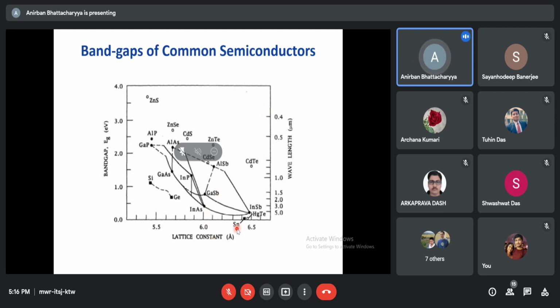So, can you see the arsenides? Aluminum arsenide, gallium arsenide. So, this line joining these two represents an alloy semiconductor called aluminium gallium arsenide.